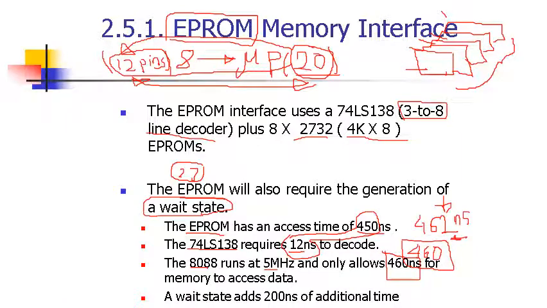Good. So a wait state will add a single clock cycle of 200 nanoseconds to the 460, making 660 nanoseconds, more than enough for your memory to get accessed.